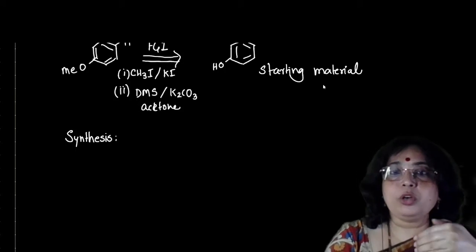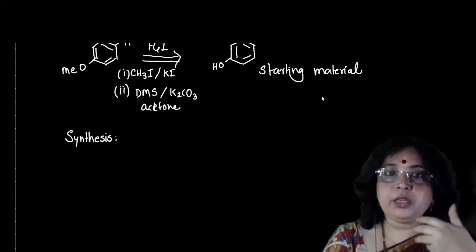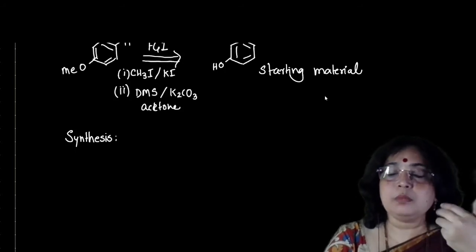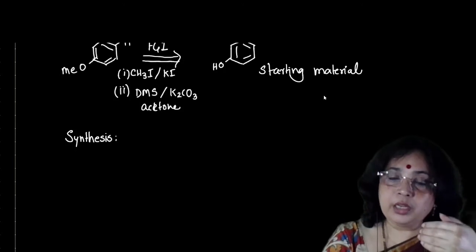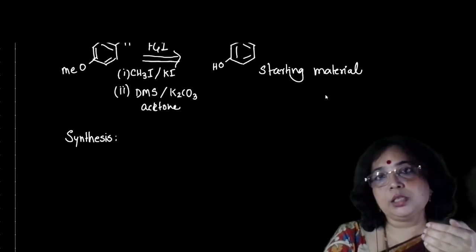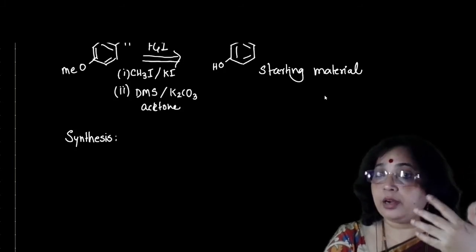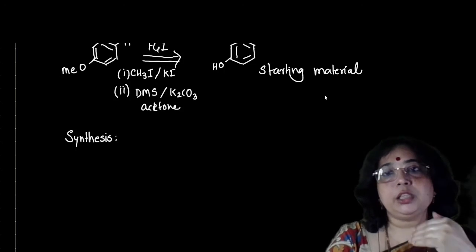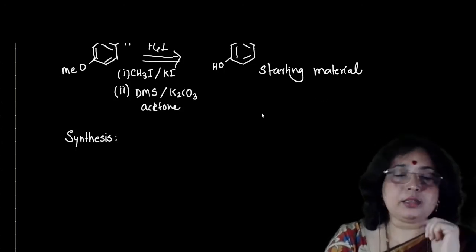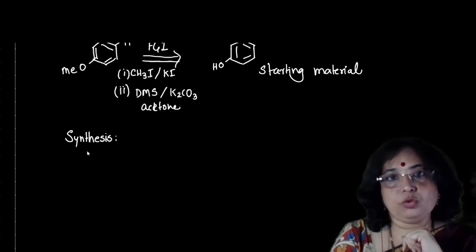All right. So whatever planning we have done, in the reverse direction we have drawn the starting materials, whether they are really good starting materials, whether the reactions are real, everything is cross-checked in the synthesis part. Now let us start the synthesis of 4-methoxyacetophenone.